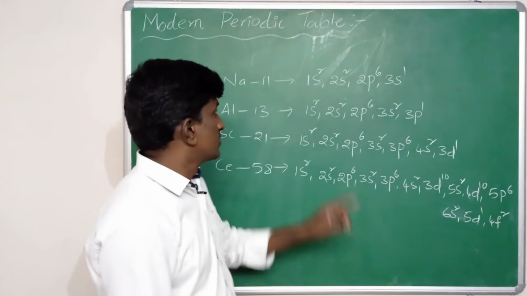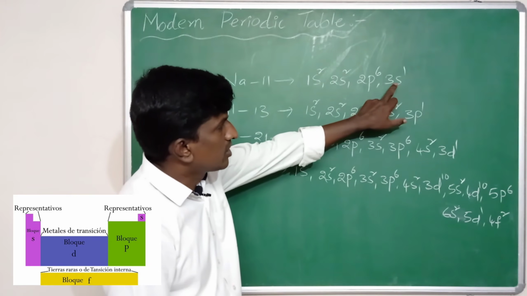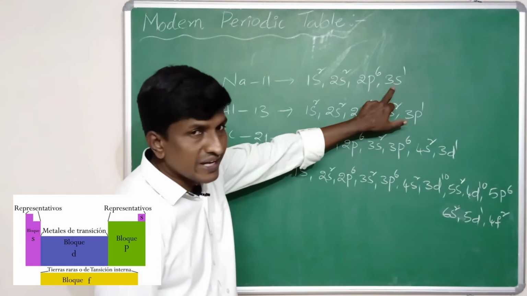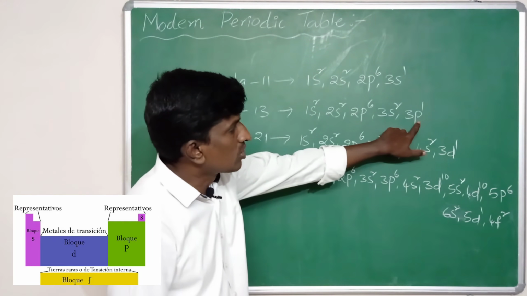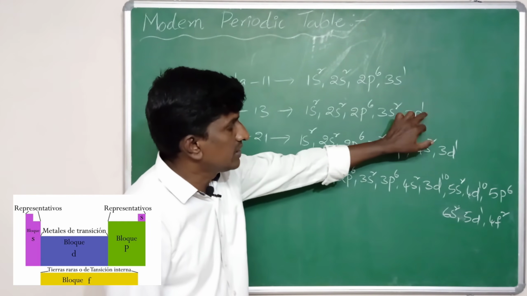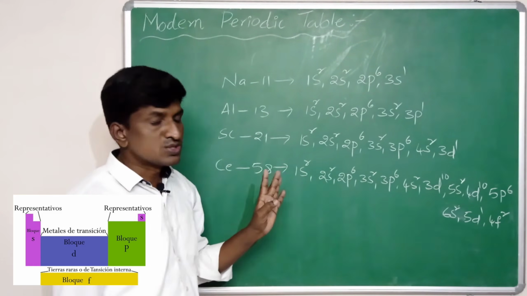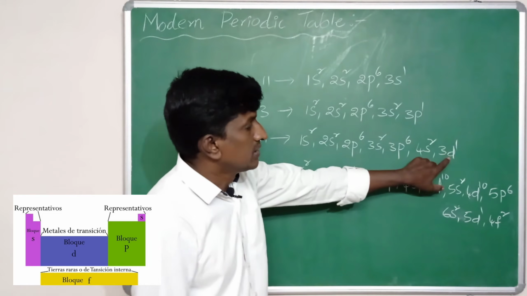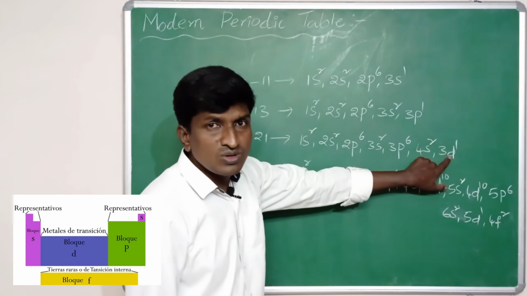So here sodium, its last outermost orbital is the s orbital. So this is an s block element. The aluminum has its last electron filling in the p orbital, so aluminum belongs to the p block. Scandium's outermost electron is filled in the d orbital, so it belongs to the d block.